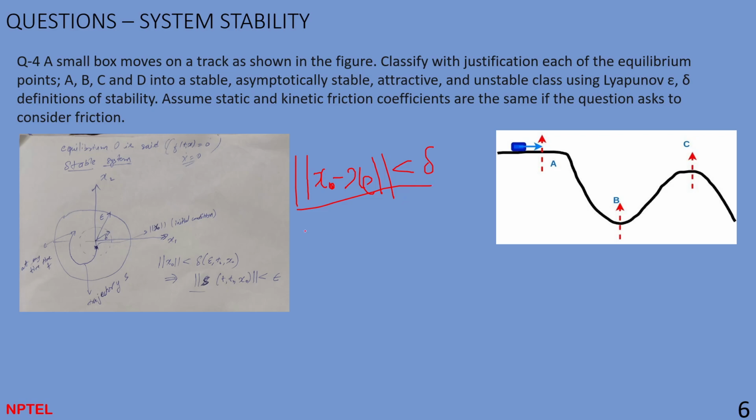There was the definition, but please consider that these points A, B, and C are at the equilibrium point, which is zero. So if you change this, this is how it looks like.